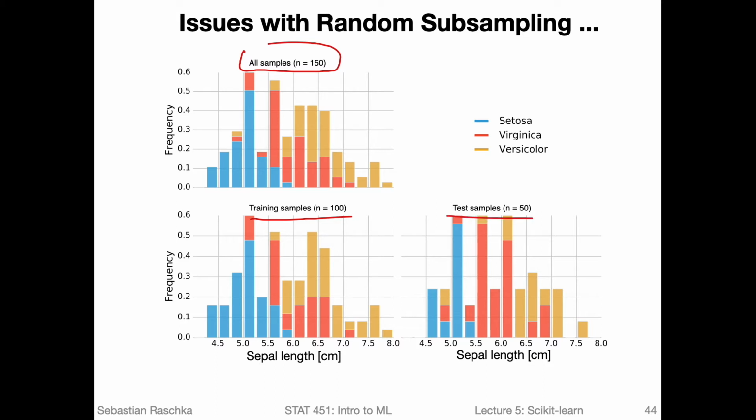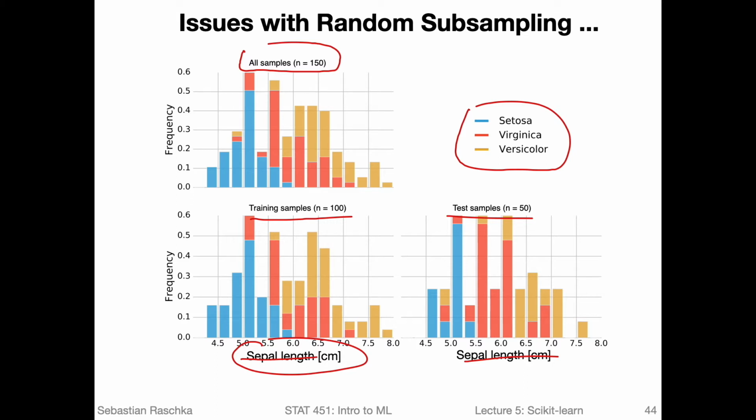Here each histogram is showing a frequency distribution for the sepal lengths. However, what kind of feature it is doesn't really matter. I'm more interested in looking at the class label distributions. So you can see there are three colors. The colors correspond to iris setosa, virginica, and versicolor flowers.